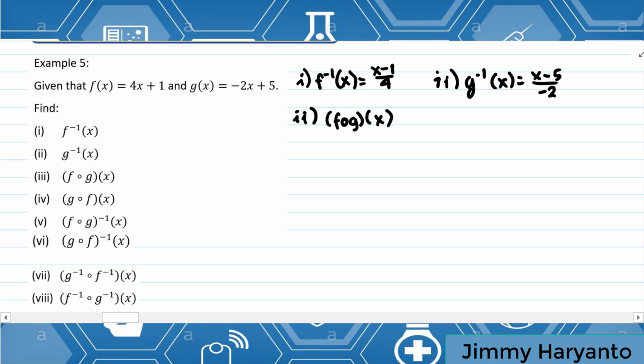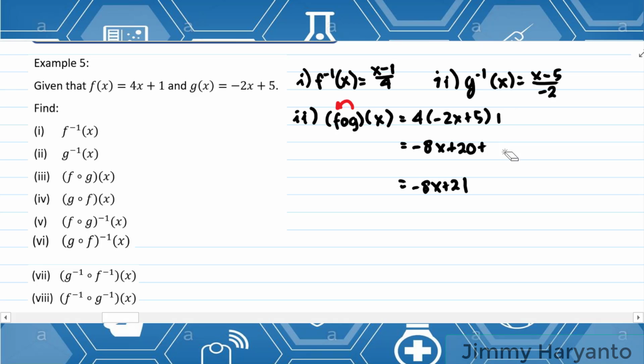This is a composite function, so we have to put the g into the f. It will be 4 in the bracket negative 2x plus 5, and then plus 1 equals negative 8x plus 20, and then plus 1 equals negative 8x plus 21. Okay, negative 8x plus 21.